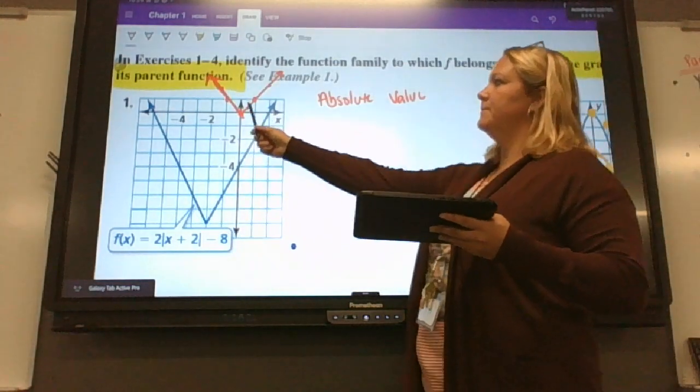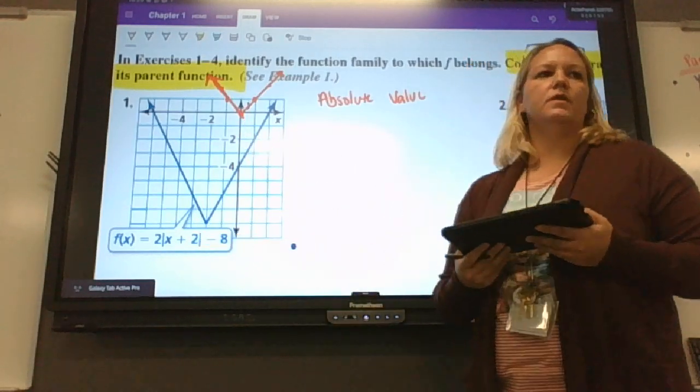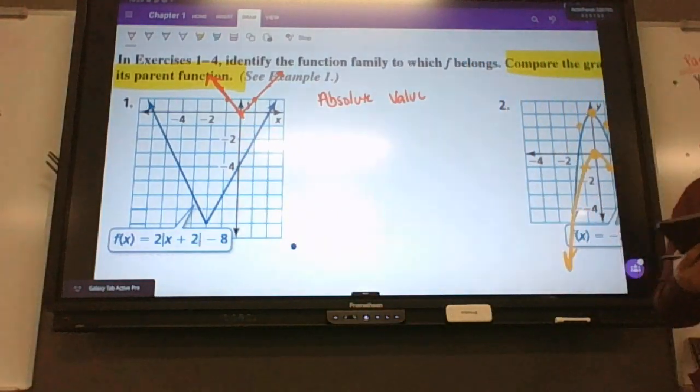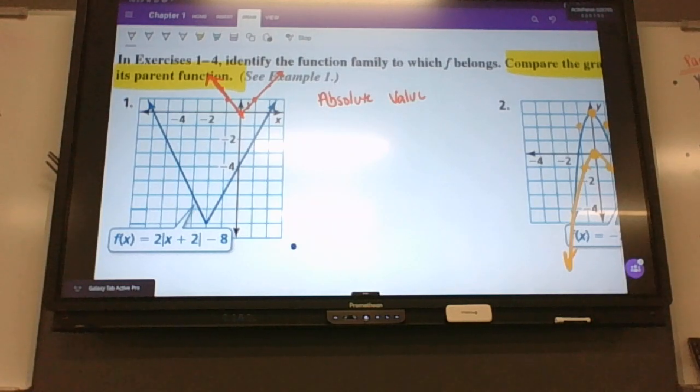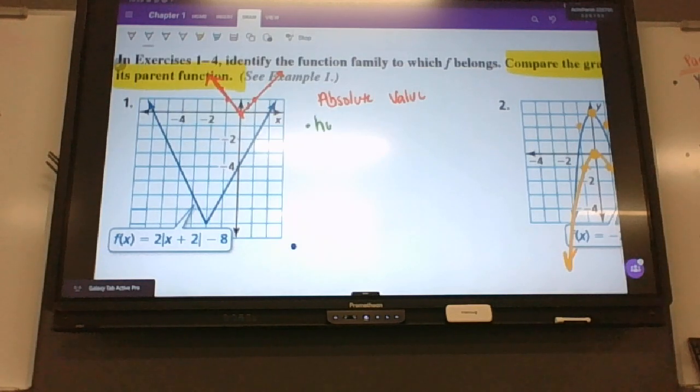This is the original. How is this one different? Anybody in the room want to give one reason it's different? Yes. Left 2 units. Okay, the left 2 I see right here, which is weird because it says +2.